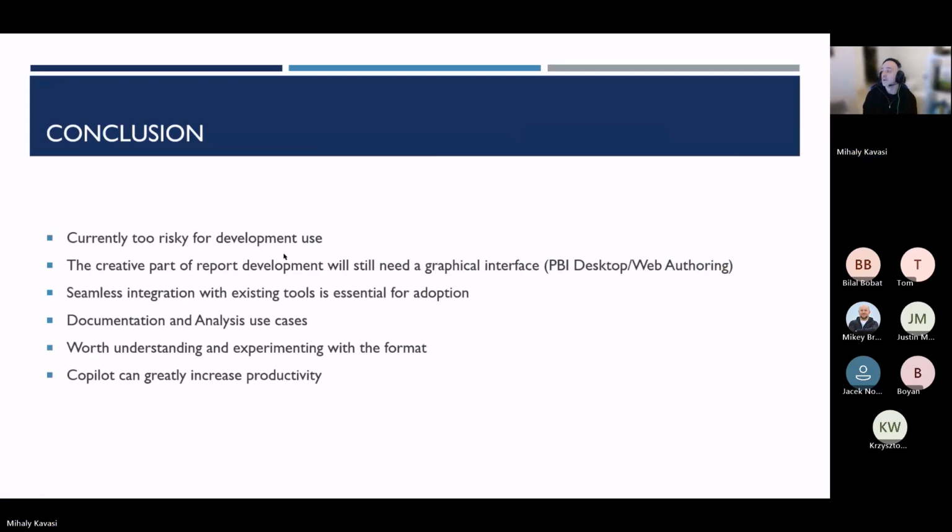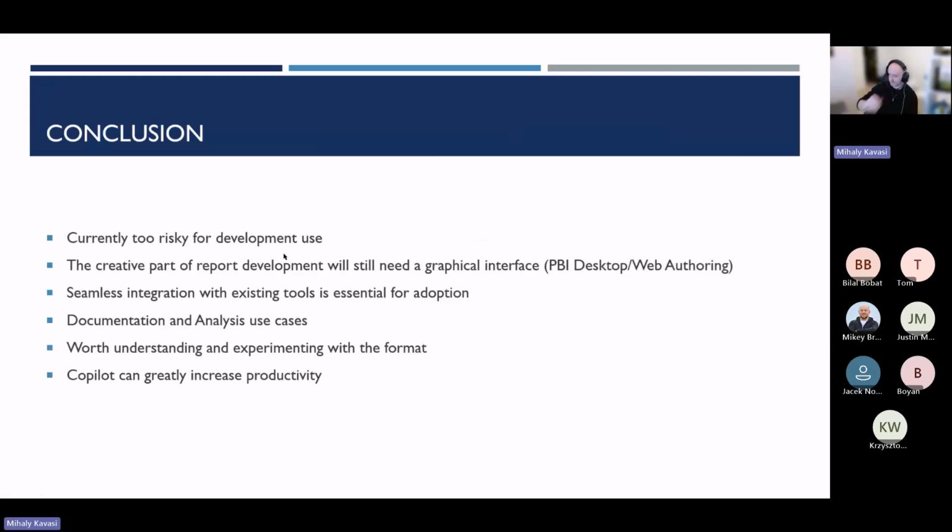But it's definitely worth exploring already, because this is coming. For documentation analysis and small-scale mass updates, it's already useful. As I will show you in a sec, I use Copilot, and Copilot really increases the productivity of what you can do. It is really useful.